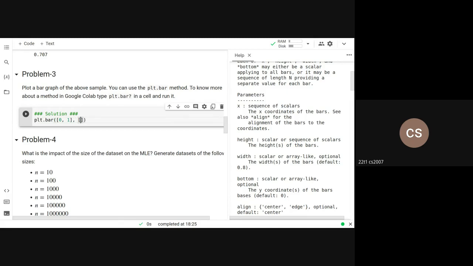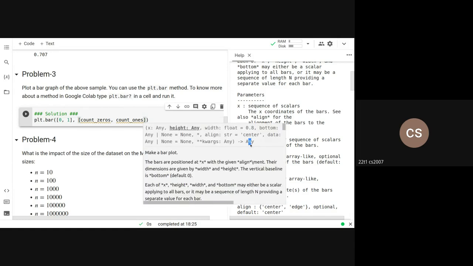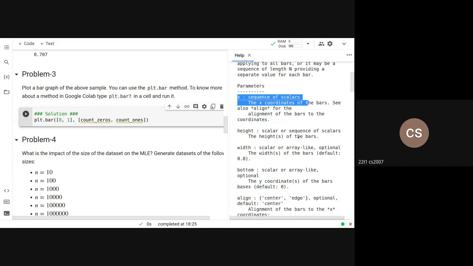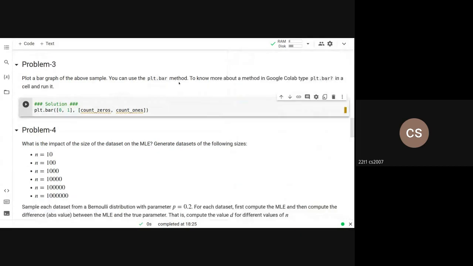The second parameter is the height of the bars. The first parameter is where on the x-axis these bars should lie, so they should be at 0 and 1. And then the heights should be the number of zeros and the number of ones.